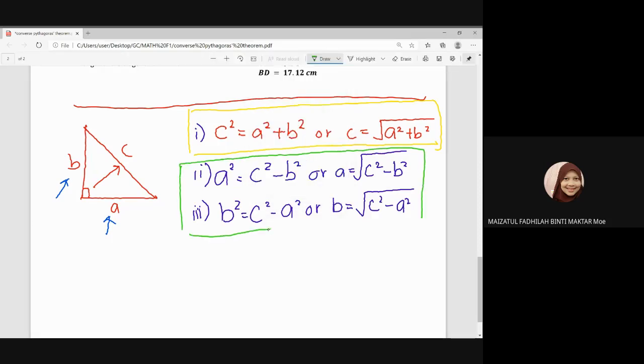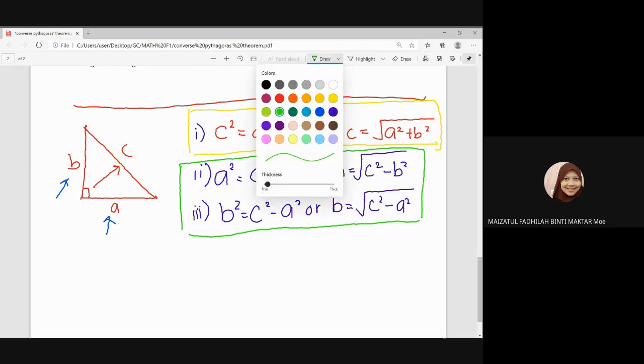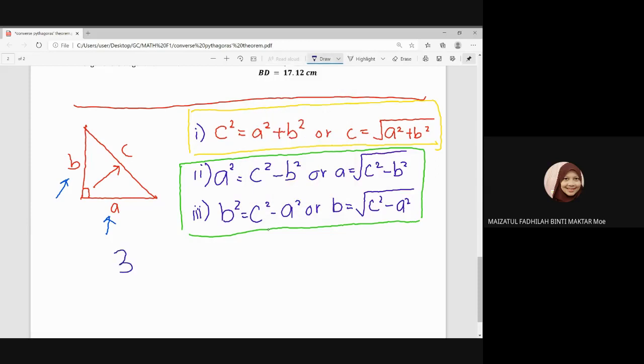But if the question doesn't tell you until what decimal places, the maximum decimal places that you can use is 3 decimal places or 2 decimal places. You should know this one already.